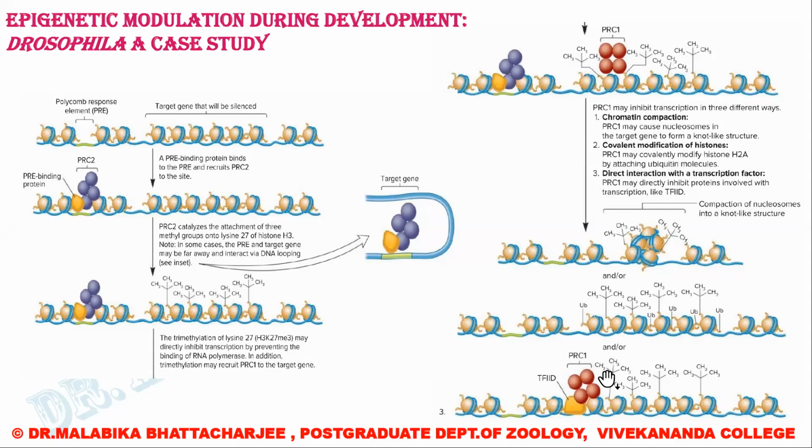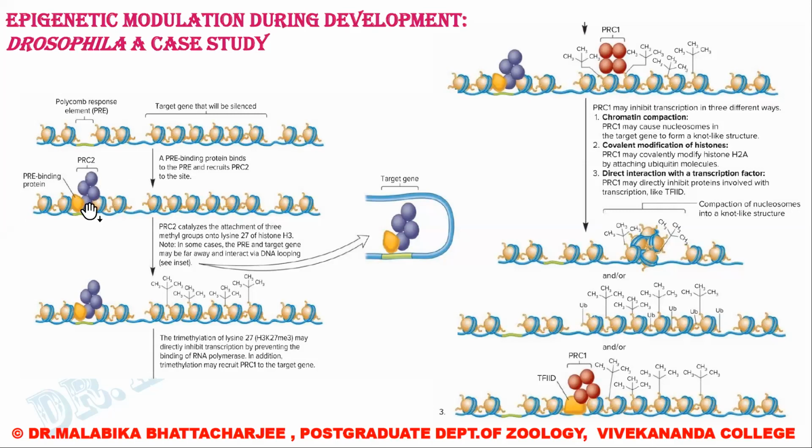Now what happens? In the first step, PRC2 binds to a region known as the polycomb response element. Let us assume that this is the target gene that is to be silenced by this group of polycomb repressive complex 1 and 2. First a polycomb response element binding protein binds, and then PRC2 binds.